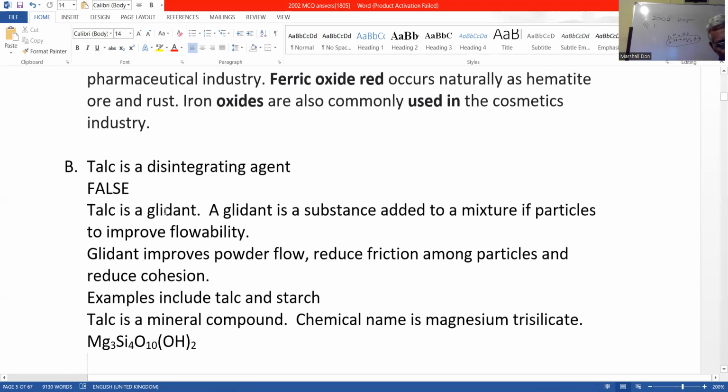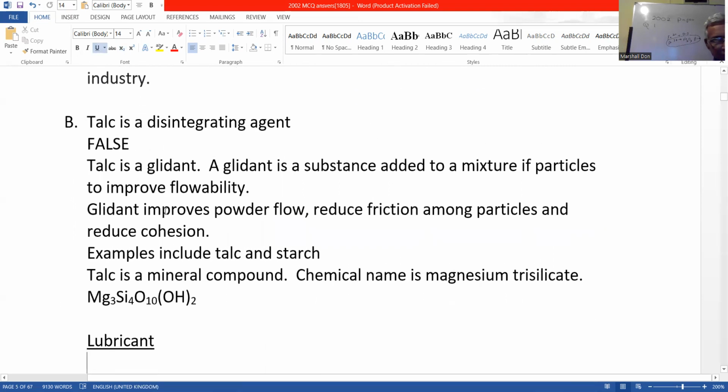So question B, talc is a disintegrant agent. Talc is not a disintegrant agent. It is a glidant. What is a glidant? In industry, glidants are used because a glidant increases the flow property.